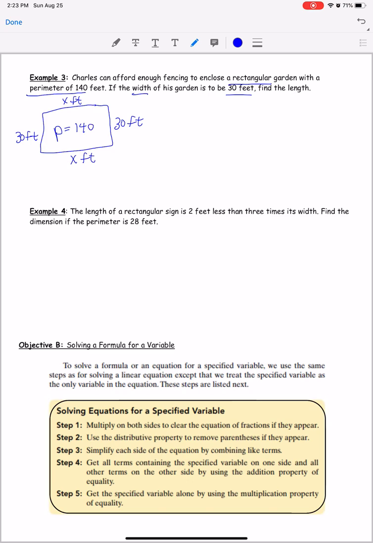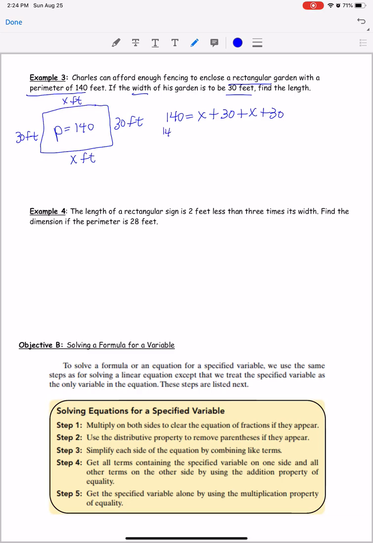So to find the perimeter of any shape, you're just adding up the sides. So I've got X. No, we know what the perimeter is. Perimeter is 140, so 140 equals X plus 30 plus X plus 30. So just solve for X here.